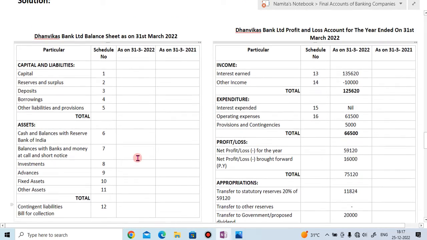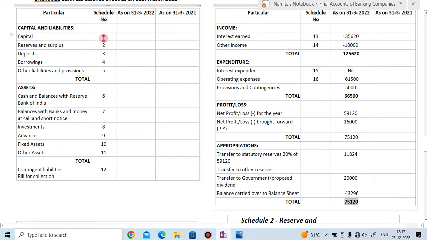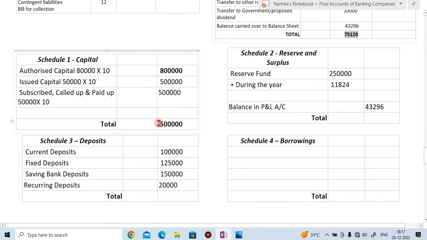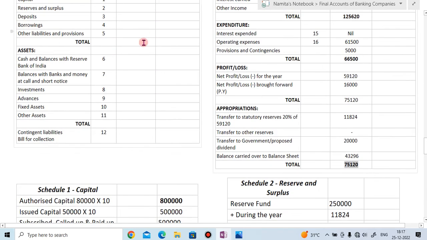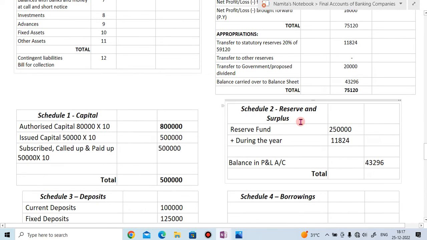Now close the balance sheet. Okay, now close the schedule 1 to 5, 6 to 11 and 12. Okay, so total of capital is how much? 5 lakhs. Total of capital is 5 lakh. Okay, 5 lakh is the total. Now the total of reserves and surplus. So add 2,50,000, 11,824.